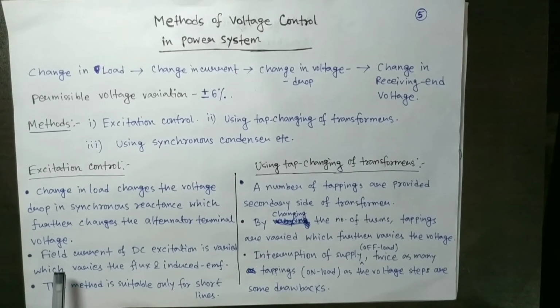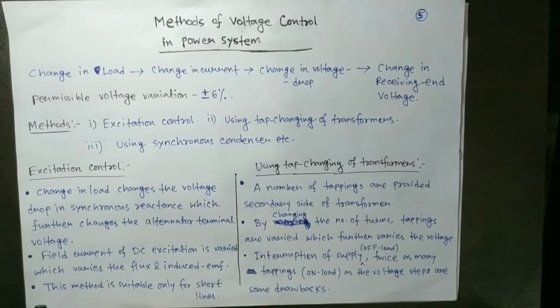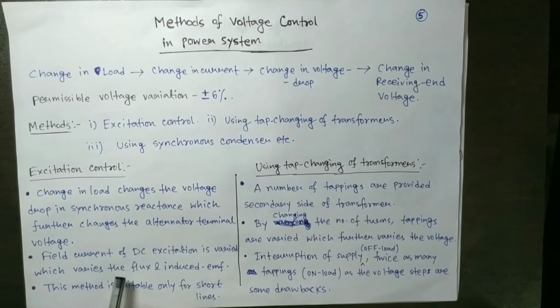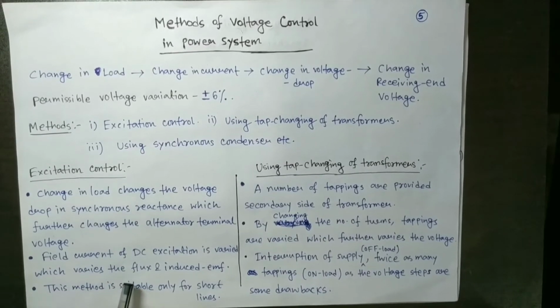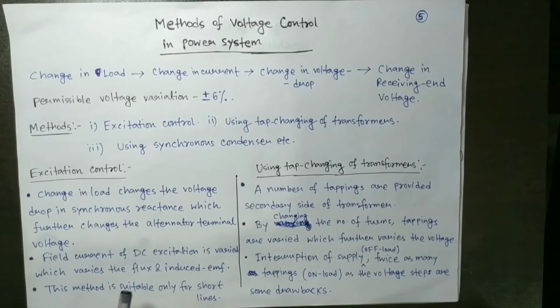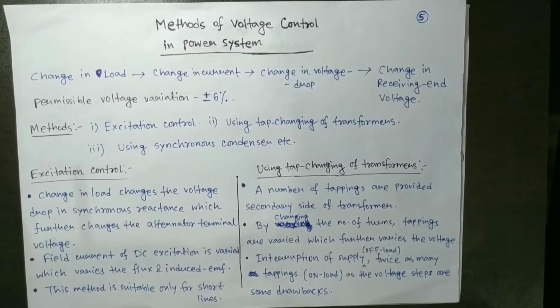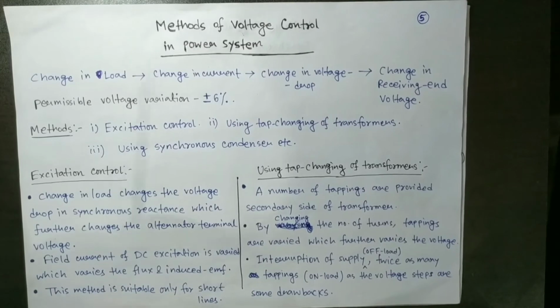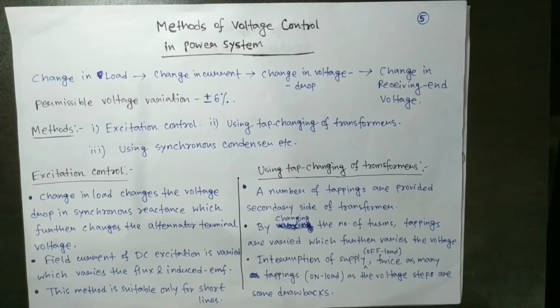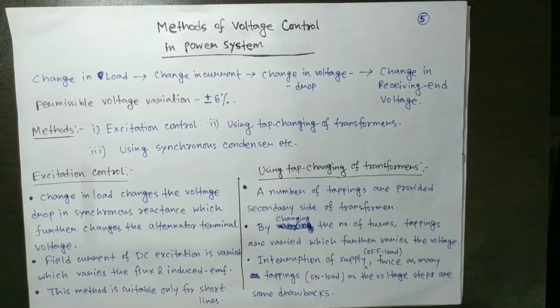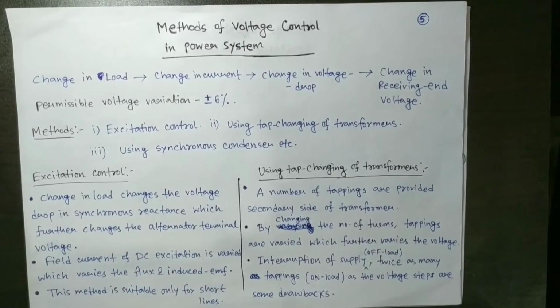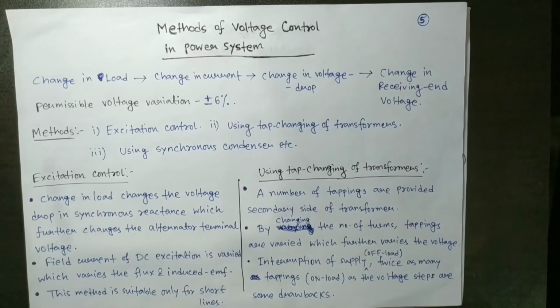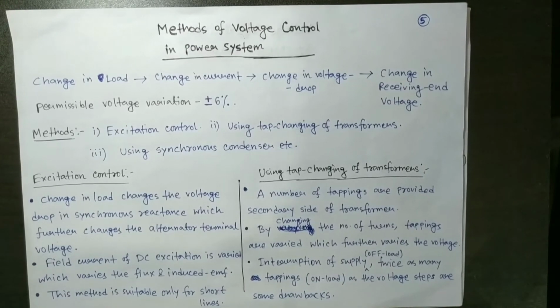By increasing the DC excitation, you can increase the flux, so you can automatically increase the induced EMF of the alternator. The moment your induced EMF is increased, obviously your receiving end side voltage will also increase, and it will come back to its reference or to the desired value. So this is how by changing the DC excitation you can regulate the voltage.